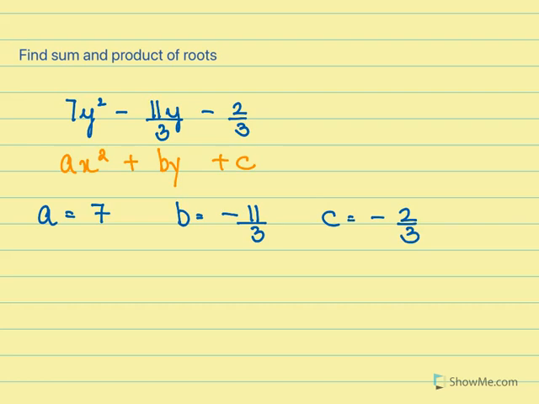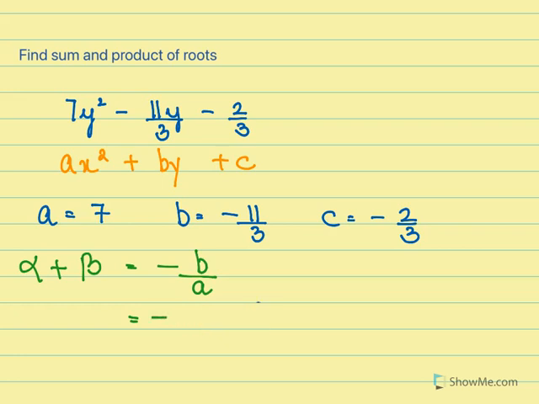To find the sum of roots alpha plus beta, the formula is minus b by a, which is equal to minus, and this is our b. So our b is minus 11 by 3.